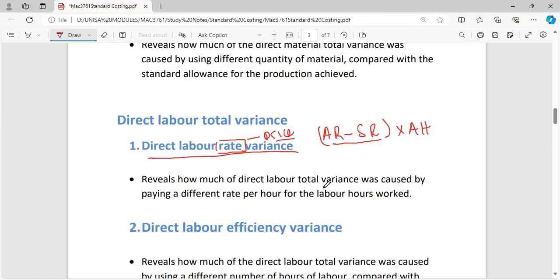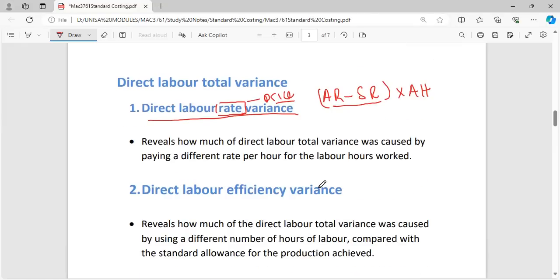Then when we go to the efficiency variance, efficiency is all about quantity. So this is going to be your quantity variance. Here you are going to look at actual hours minus standard hours times standard rate. That's your efficiency variance. Because we are dealing with efficiency, it's a quantity variance.